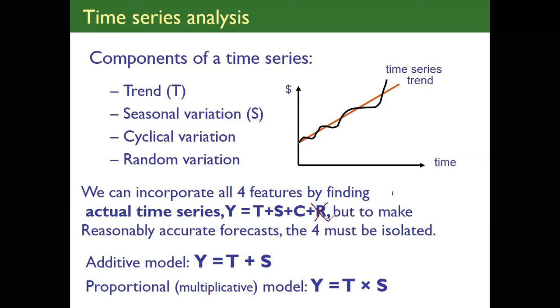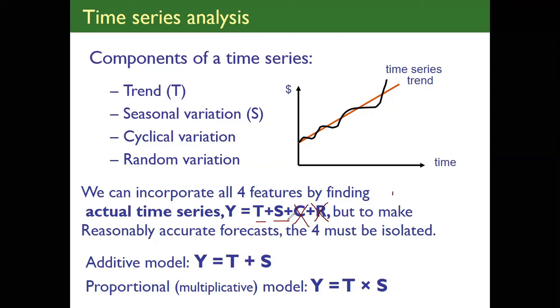Then comes cyclical, which is a longer period thing. We will ignore this also for the time being. So our business, our sales, depend on the overall trend and the seasonal variation. These two things we will consider. We will calculate our trend line and we will calculate the seasonal variations.